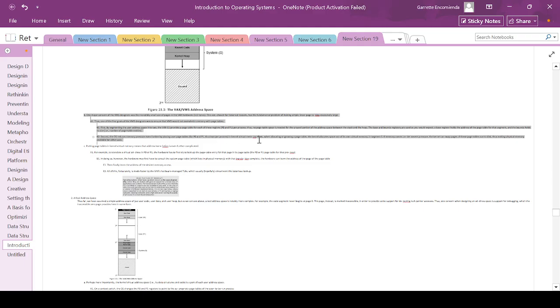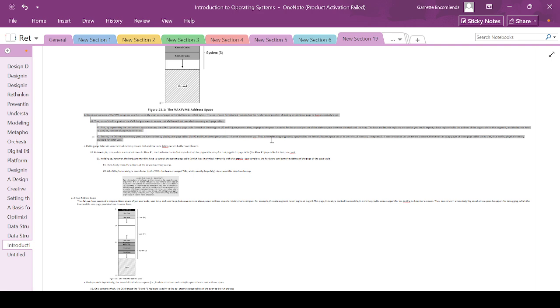So one of the hardware problems that we want to solve via OS is the size. So the size chosen for historical reasons is excessively large.